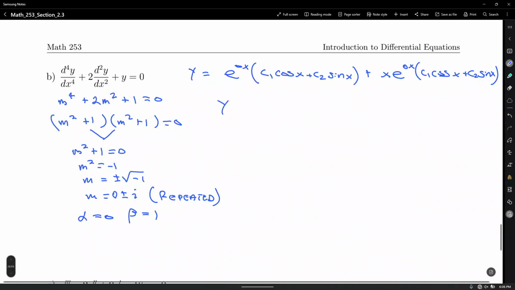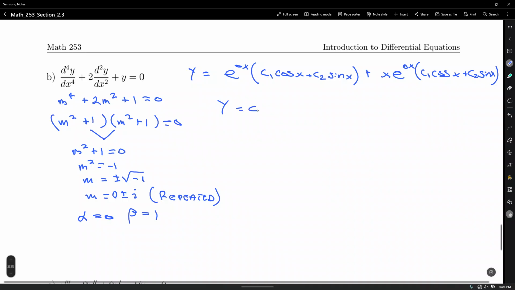In the future, when your solution is purely imaginary, you may skip the exponential. You don't need to write it because alpha equals 0, e to the 0 is just 1, so it's not necessary. Especially when solving similar problems that are going to be longer, you may want to save some time.